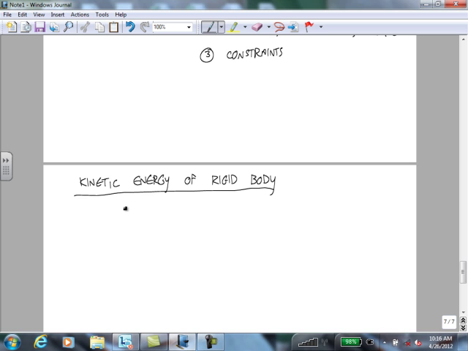Okay, so if an object has a fixed point, to calculate kinetic energy, we're going to do everything about that fixed point. If it doesn't have a fixed point, we're going to do everything about the center of mass. So think of this as related to rotational Newton's second law. We're going to break this into two cases.